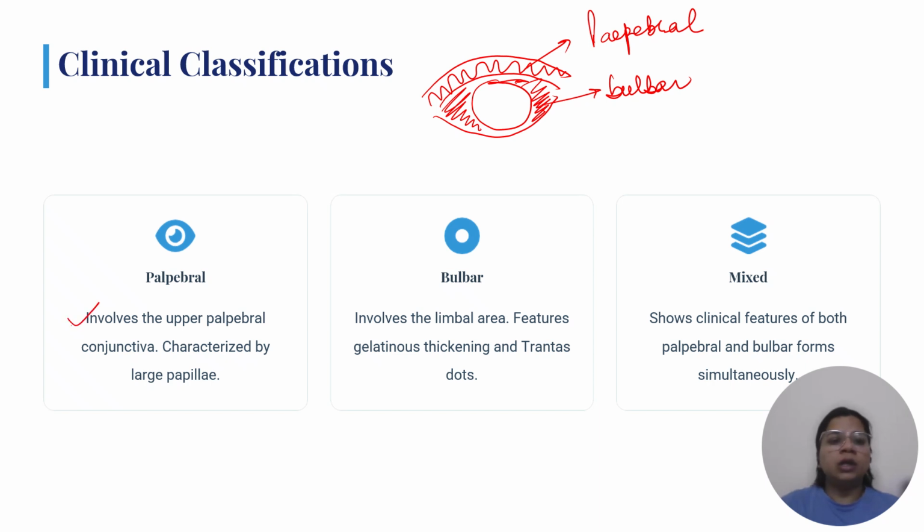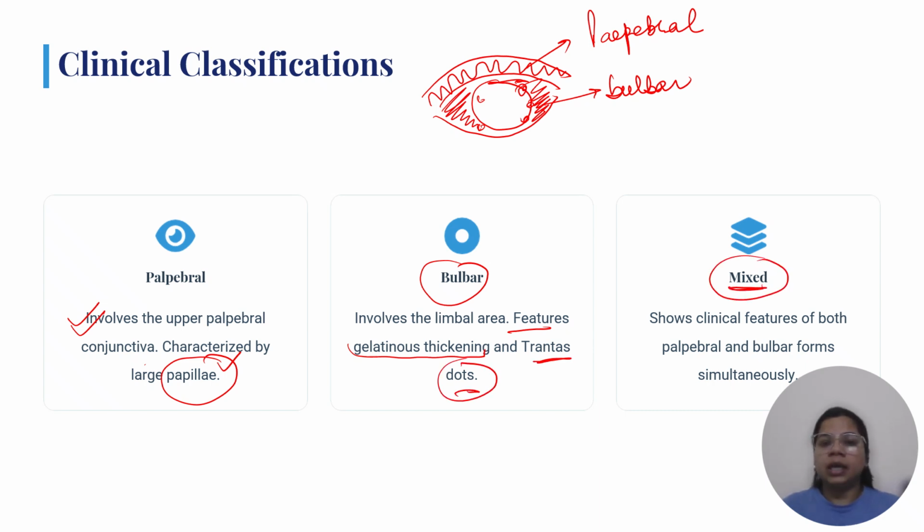The palpebral form involves the upper palpebral conjunctiva, characterized by large papillae formation. The bulbar form involves the limbal area and features gelatinous thickening and Trantas dots, which we'll see in the next slides. The mixed type shows features of both the palpebral and the bulbar forms simultaneously.